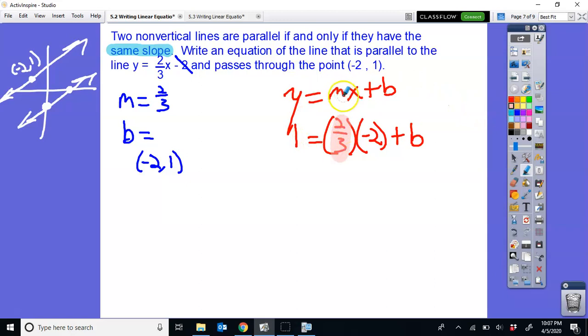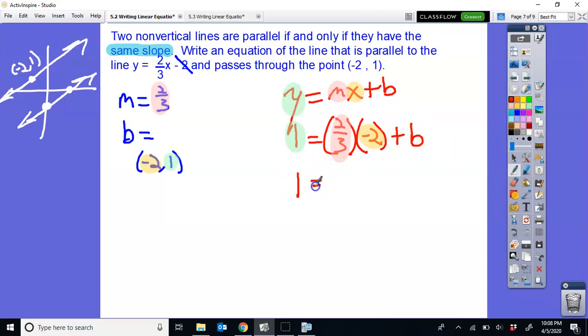I know m is positive 2/3. I know that the x value is -2 from the point. And I know that the y value is 1 from the point. And then I'm going to use that to find my b.